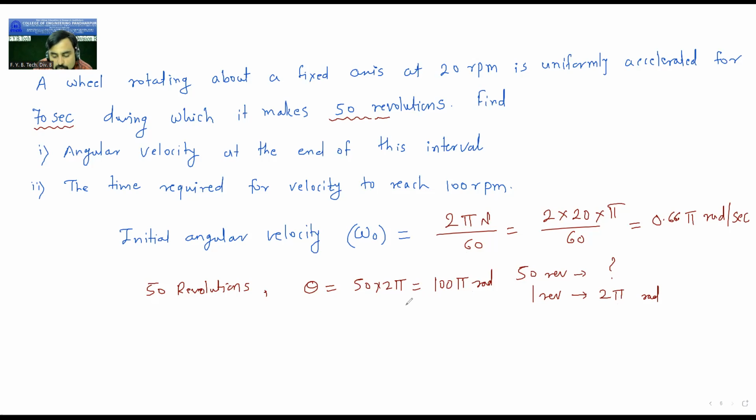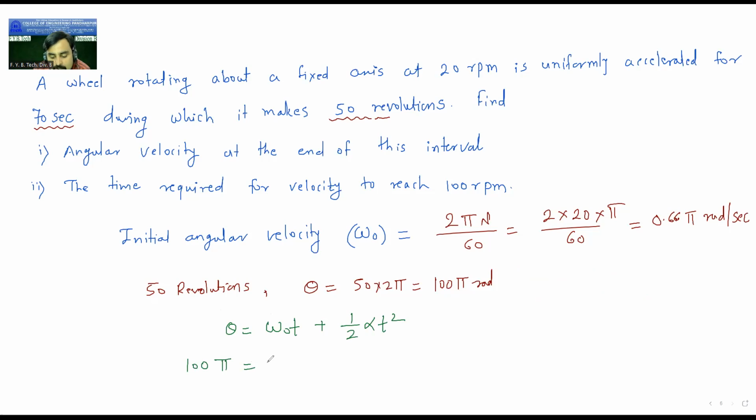Now use the equation. Theta is equal to omega 0 t plus half alpha t square. So put all the values. Theta is equal to 100 pi.